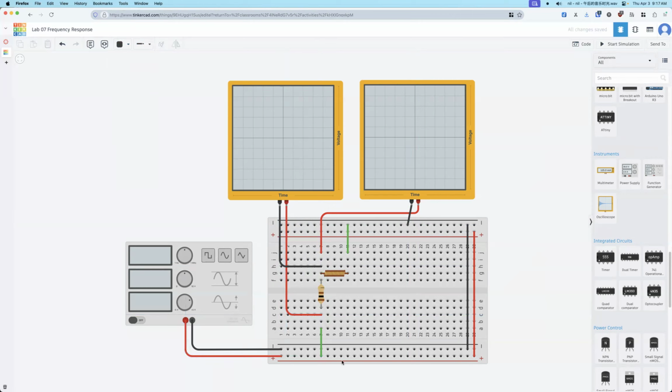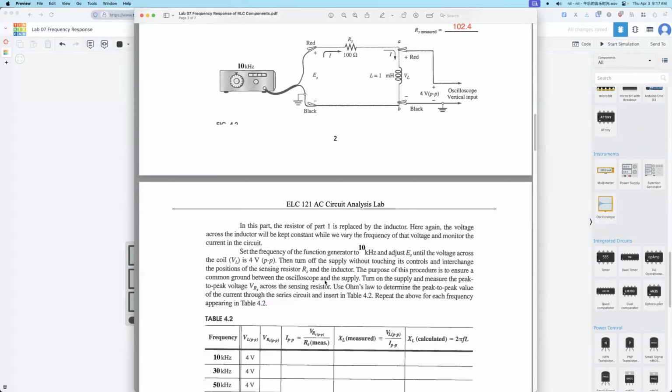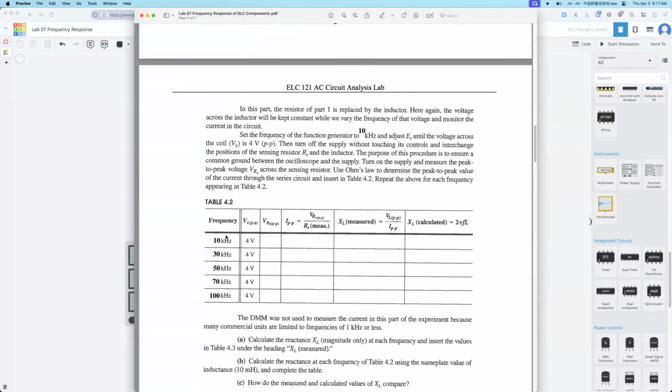Okay, now we can start. At the beginning it is 10 kilohertz, if my memory is correct. Yes, so I just do 2, 10 kilohertz and 30 kilohertz. Make sure the voltage across the inductor is 4 volt.